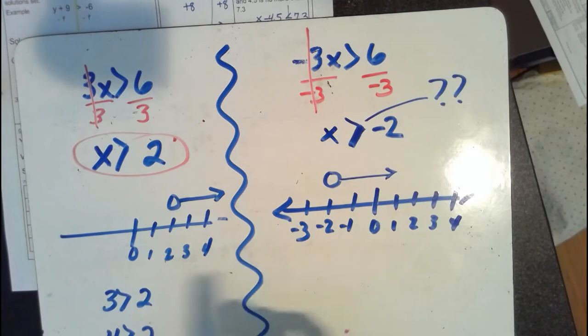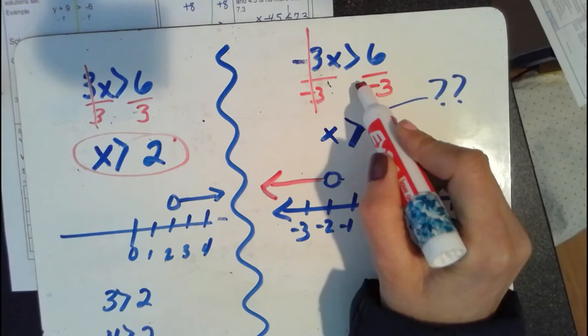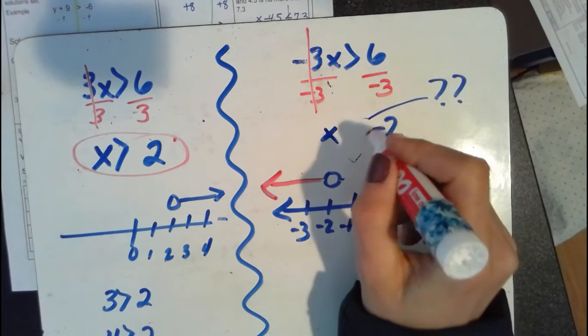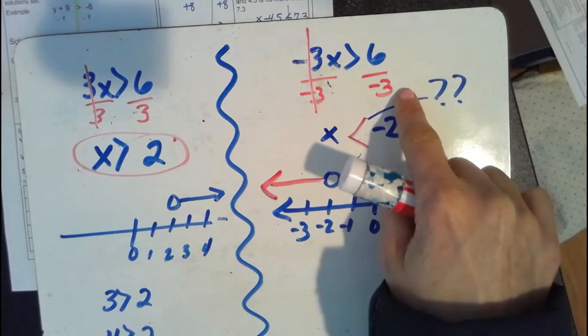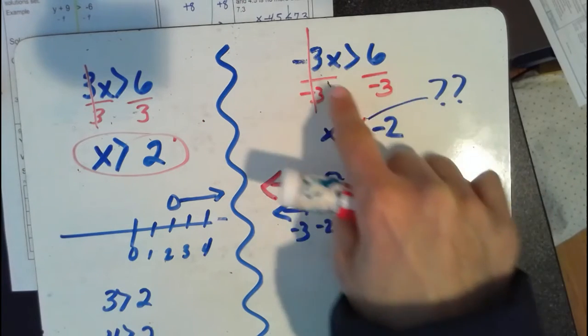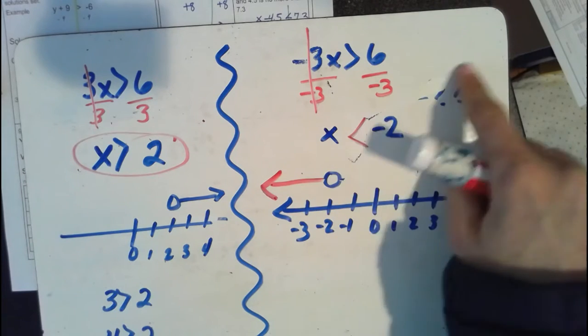It's actually the numbers to the left that work. Because when I divide by the negative, I am reversing this inequality, as I'm saying the opposite of this. And the opposite of a greater than is a less than.